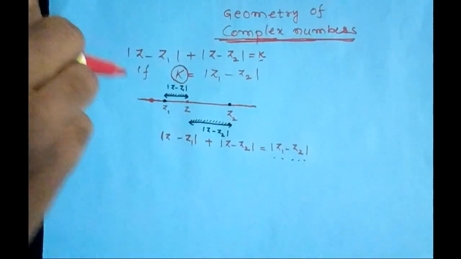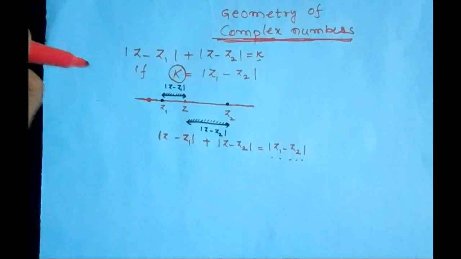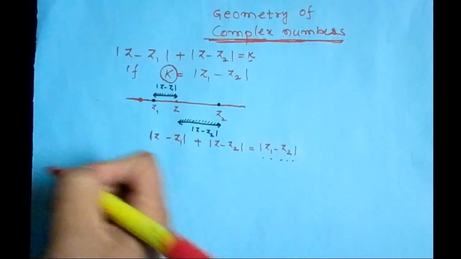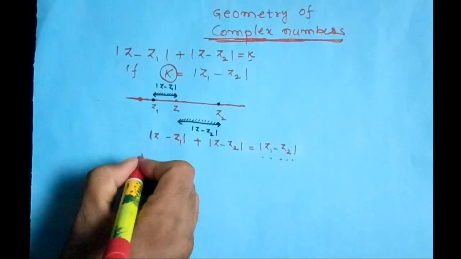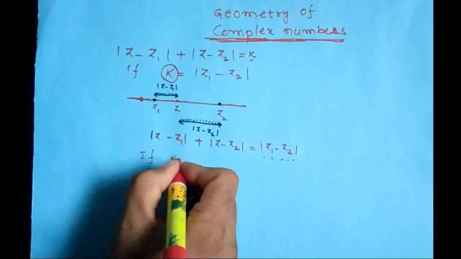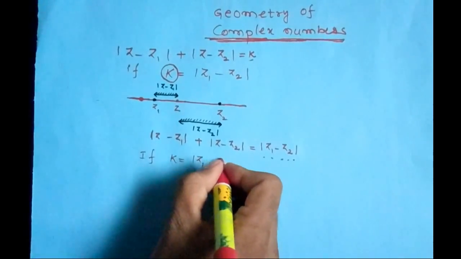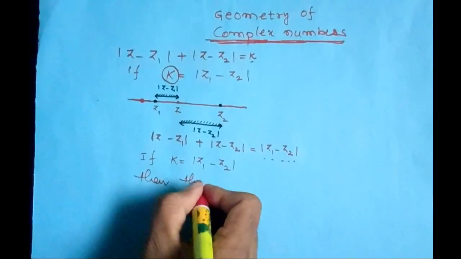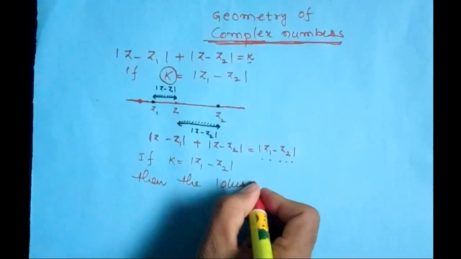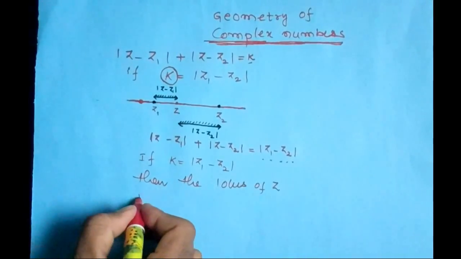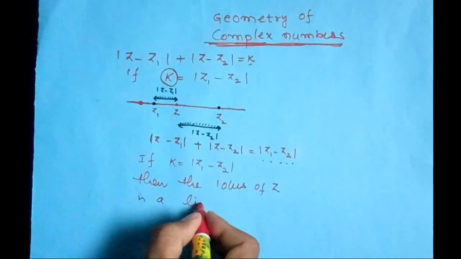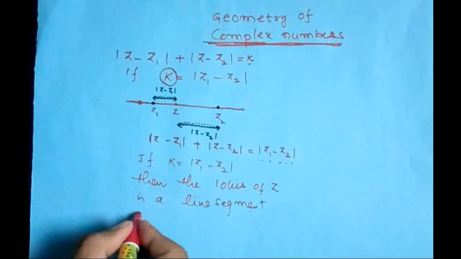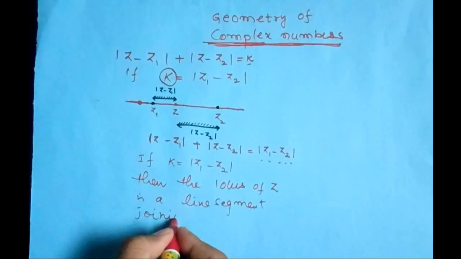Therefore the conclusion is, if k equals modulus of z1 minus z2, then the locus of z is a line segment joining z1 and z2.